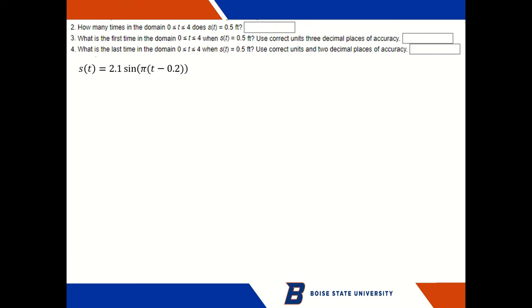Normally the period is 2 pi, but there's a formula that you may have learned in the past where you take your 2 pi and divide it by this number right here, pi, that is sometimes referred to as omega. If you divide 2 pi by pi, you wind up with the period. So in this case, this function repeats itself every 2 units. So over the course of the 0 to 4 domain, it's going to repeat itself twice.